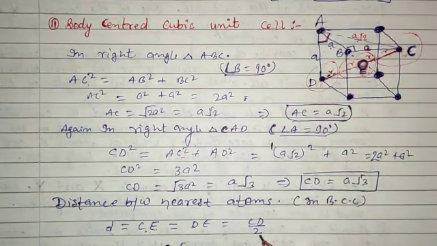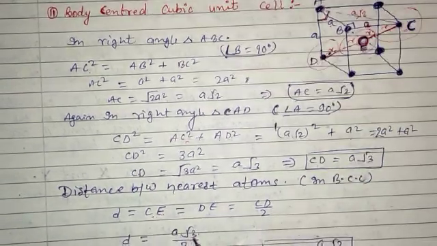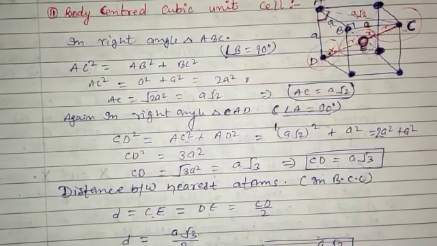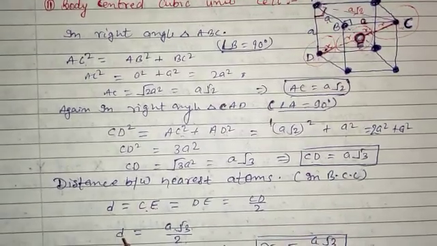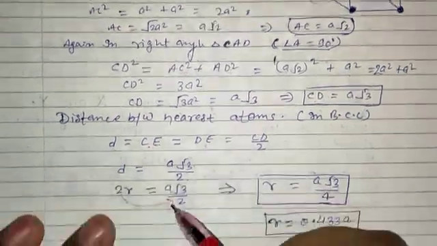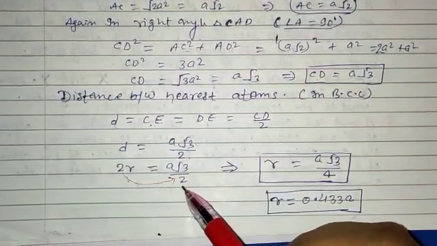You know CD equal a root 3 divided by 2, and d is the distance between two neighboring atoms, that is equal to 2r. So 2r equal a root 3 by 2.